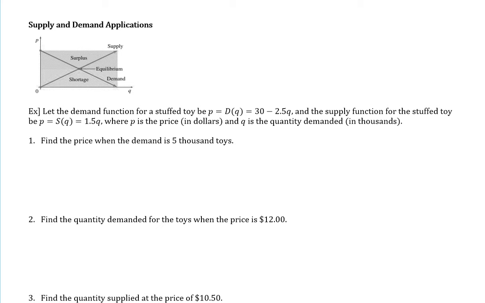Now, anything left of the equilibrium point is a shortage. So there's not enough supply, so the demand is too high, while everything above the equilibrium point would be a surplus. So there's too much supply and not enough demand.